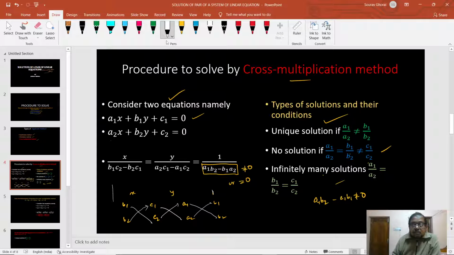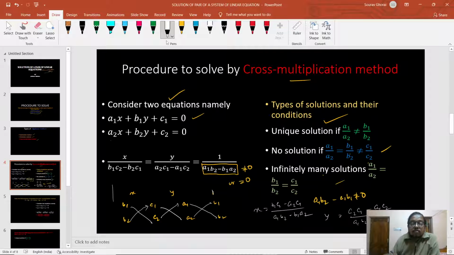From this method we find that x is equal to b1c2 minus b2c1 divided by a1b2 minus a2b1, and y is equal to a2c1 minus a1c2 divided by a1b2 minus a2b1.